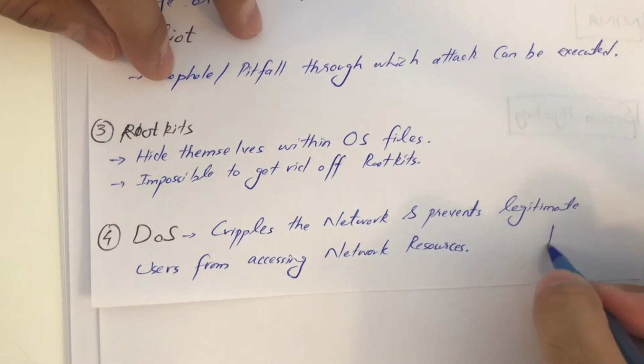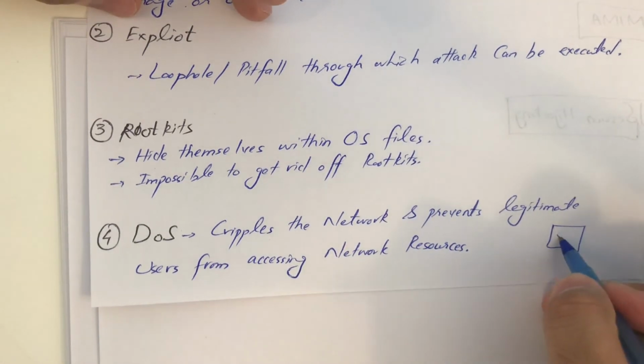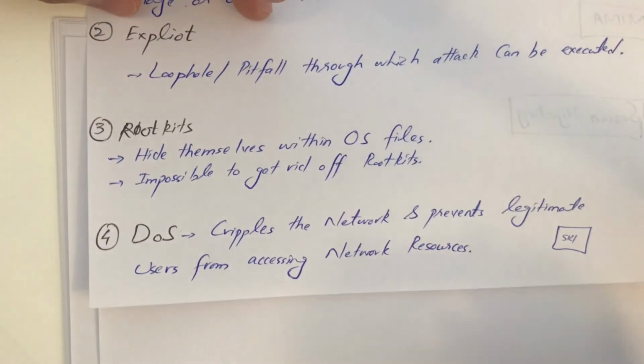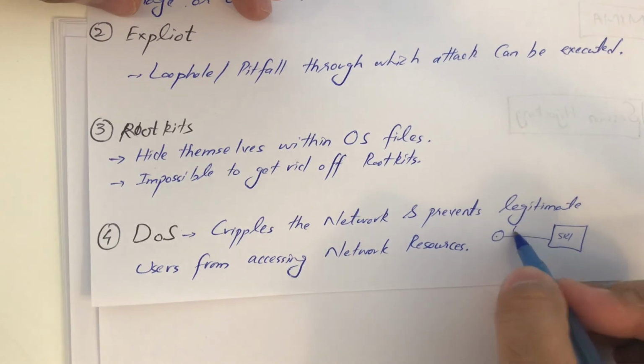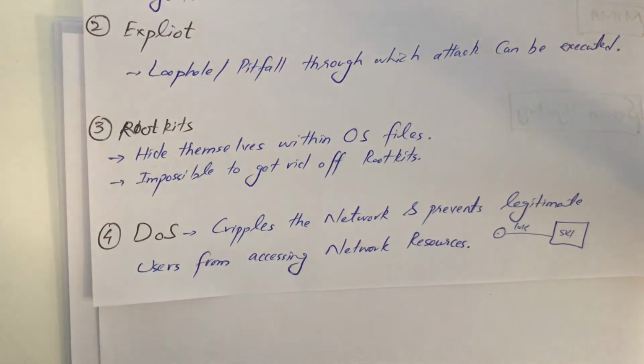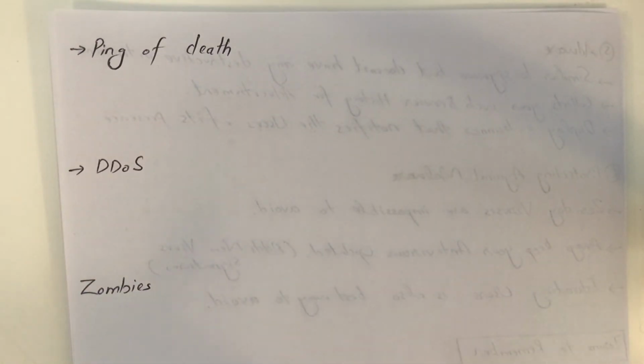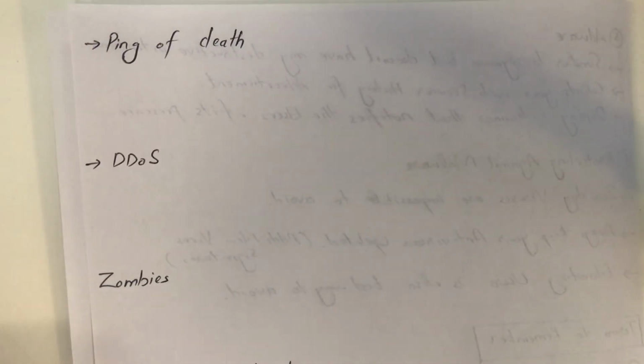For example, this is a website. Our website is running on this server. This server can handle 5,000 queries per second. So for example, there is an attacker. If he starts pushing 10,000 queries per second, what's going to happen? It will freeze. It will cause freezing of our server. The website can be down and stuff like that. That's the problem. One way to execute a DOS attack is ping of death.